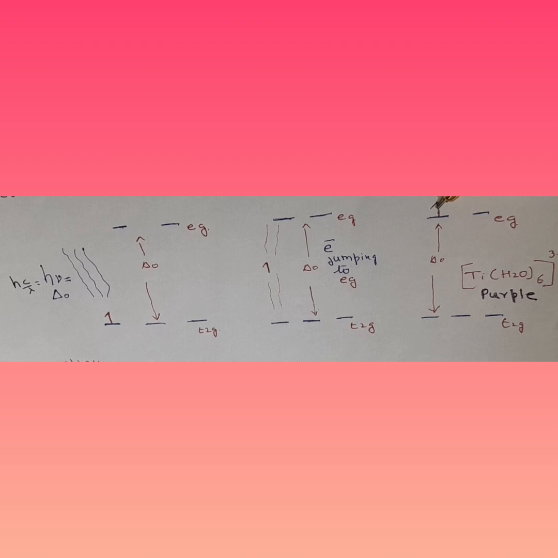Now the wavelength in the visible region corresponds to a particular color, so that color has been absorbed for the jump, but the complementary colors, the colors which remain behind, are transmitted back. When those colors are transmitted back, what color do we see?